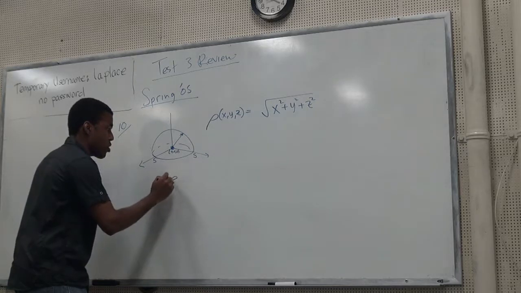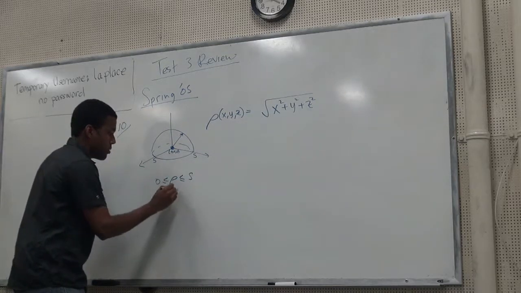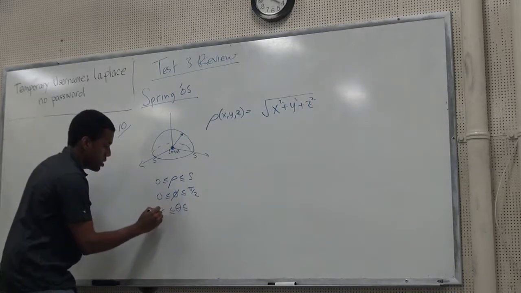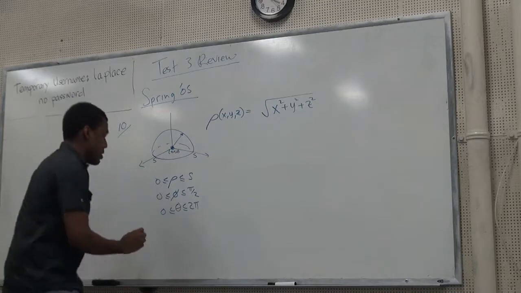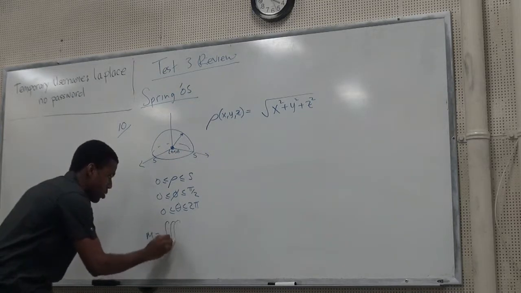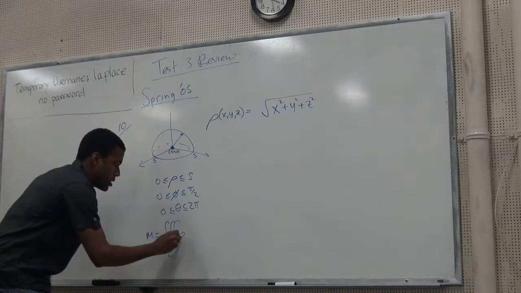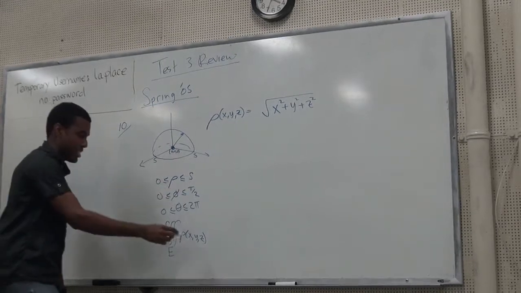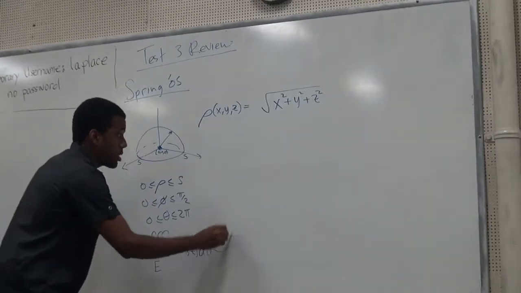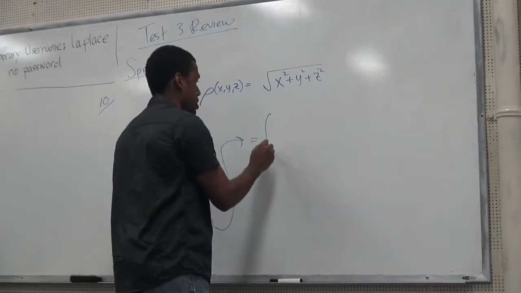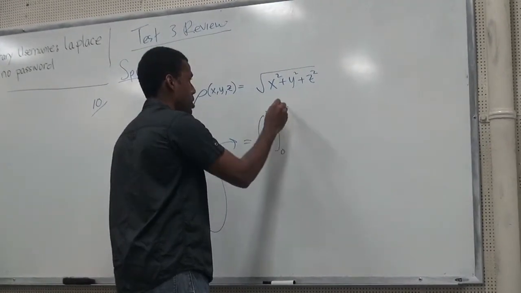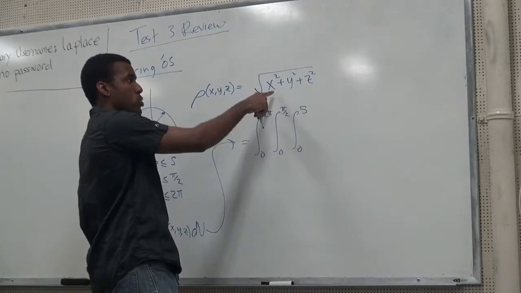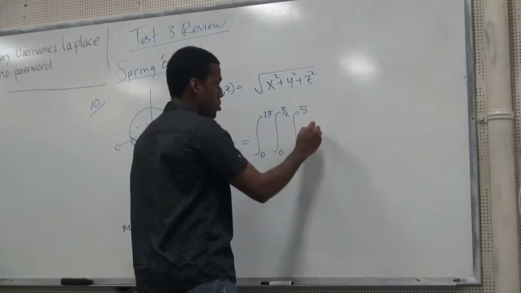Here you can just say rho is 0 to 5, phi is 0 to pi over 2, theta is 0 to 2 pi, and the mass is given by the triple integral over your solid of the density function dV, which in this case is going to be 0 to 2 pi, 0 to pi over 2, 0 to 5 of this guy, which is rho squared, square rooted, so that's just rho, times.